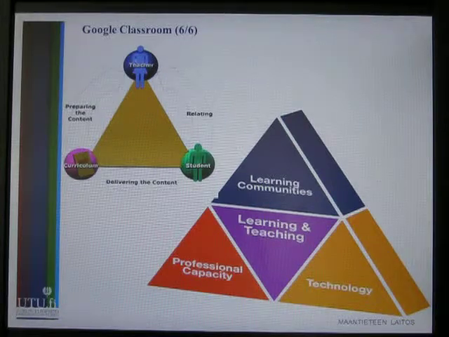So we have to keep the curriculum clear for our students, because the curriculum is the map of our students.